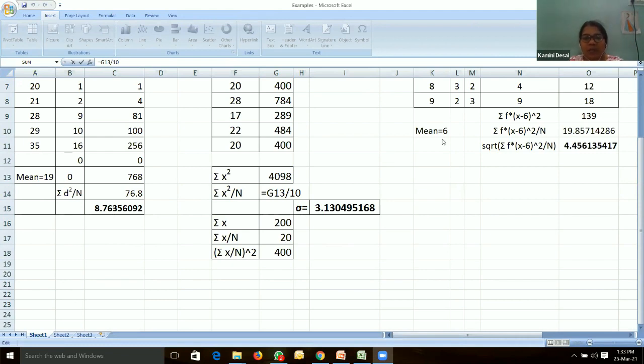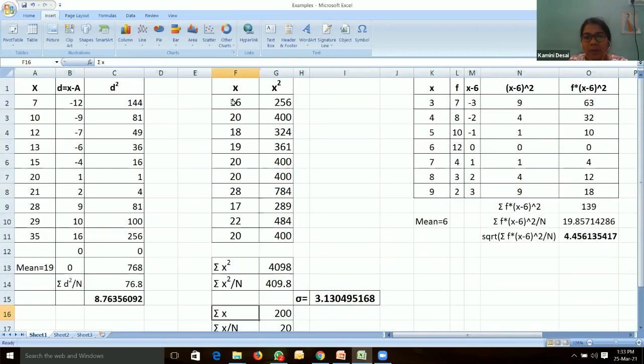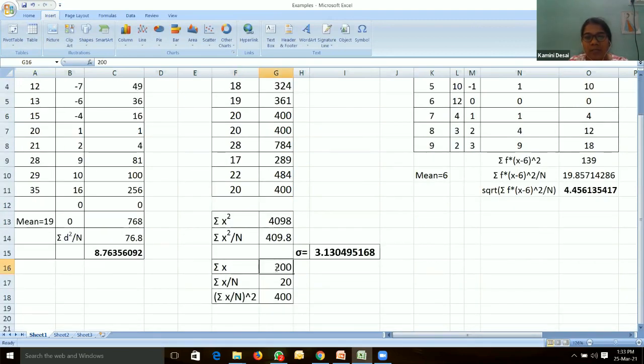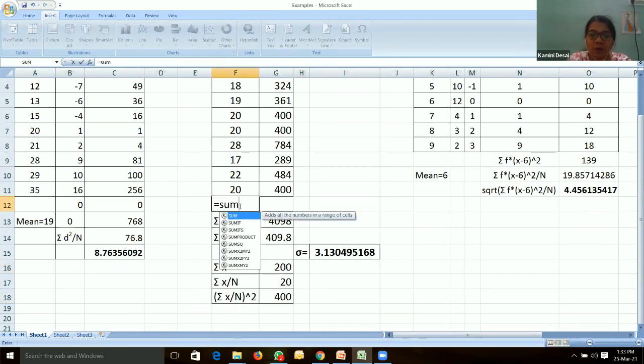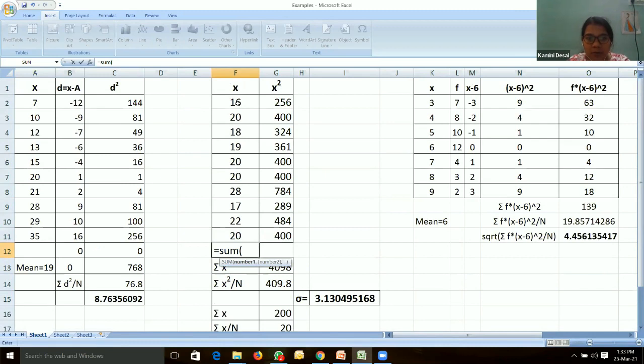Have you reached till summation x square divided by n? Yeah. Now calculate the second term. First, I'll calculate sum of x. Here sum of x is 200, the sum of only x, answer is 200.